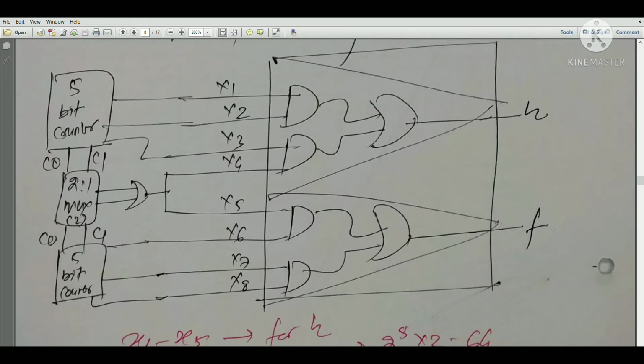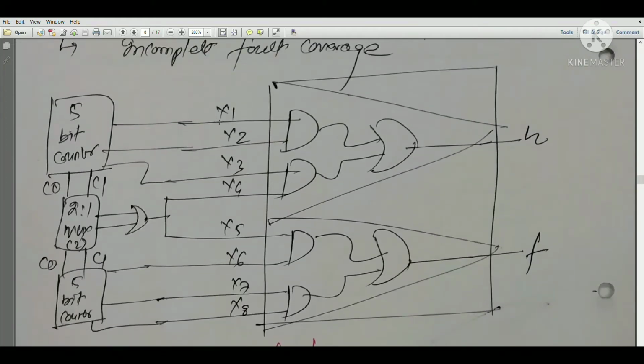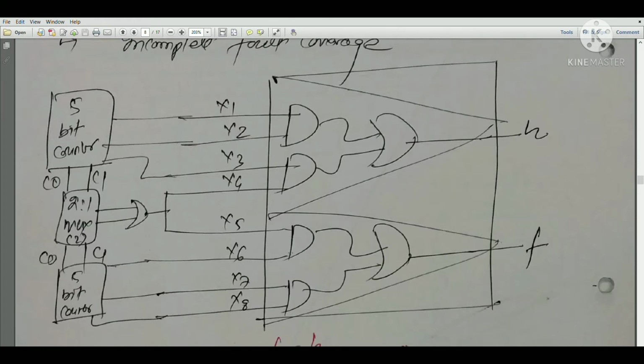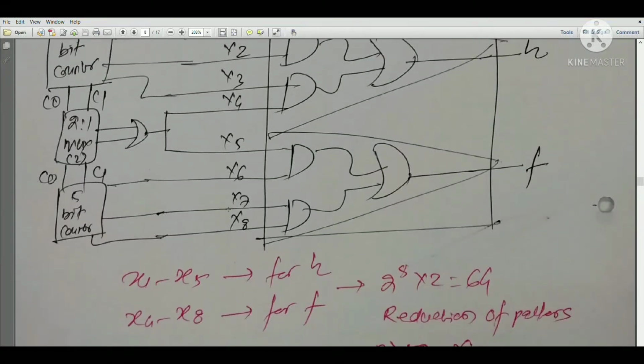Why are we saying this? Because x1 to x5, that is x1 x2 x3 x4 x5, all this logic affects the output of H. Similarly, x4 to x8, that is x4 x5 x6 x7 x8, affects F. x4 and x5 are common to both the cones.